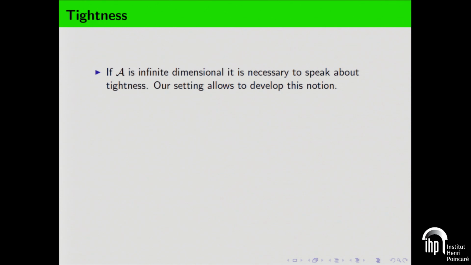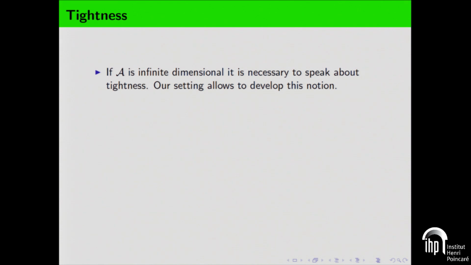Okay, let's also have a look at the case where A is infinite dimensional. So the system we want to study, for example in this Micromaser example, we had an infinite dimensional A. We had all possible energy levels going to infinity.